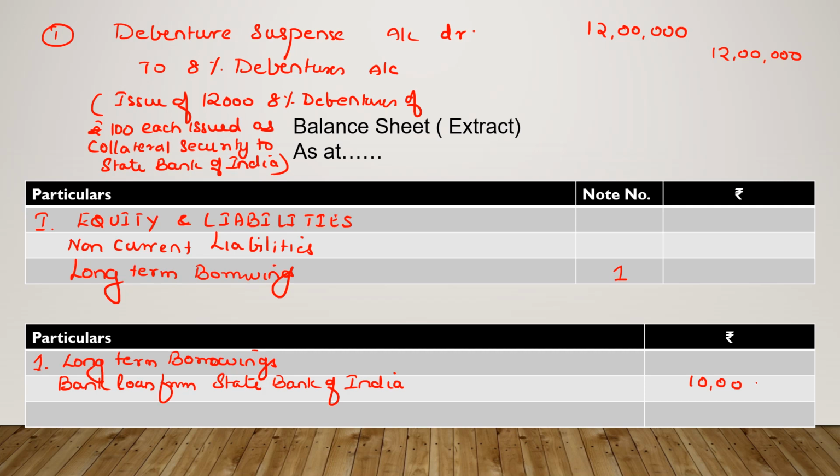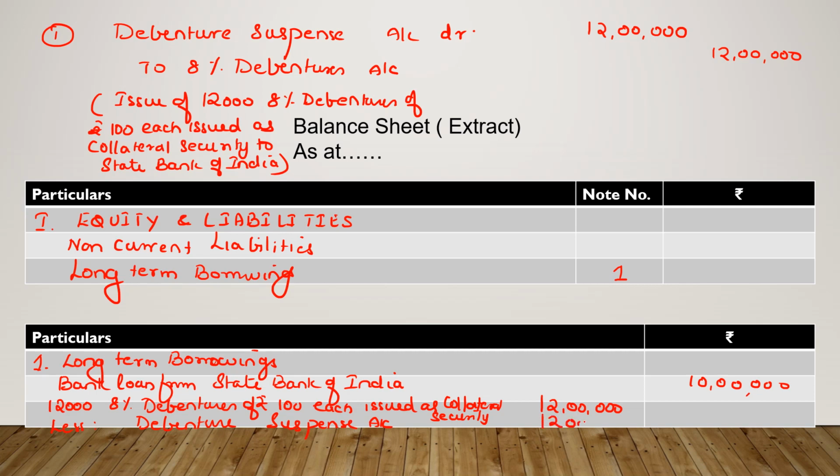the 10 lakh rupees. And now because journal entry has been passed, you're going to reveal that in the notes to accounts as 12,000 8% debentures of rupees 100 each issued as collateral security would be 12 lakh, but we have debited debenture suspense, so that would come here as less debenture suspense account, that is 12 lakh.